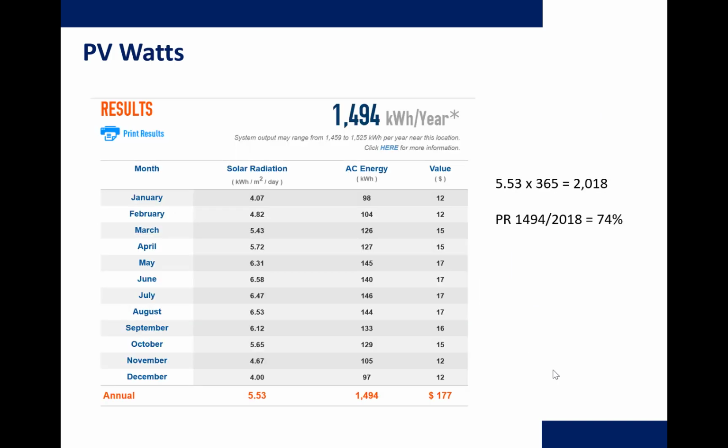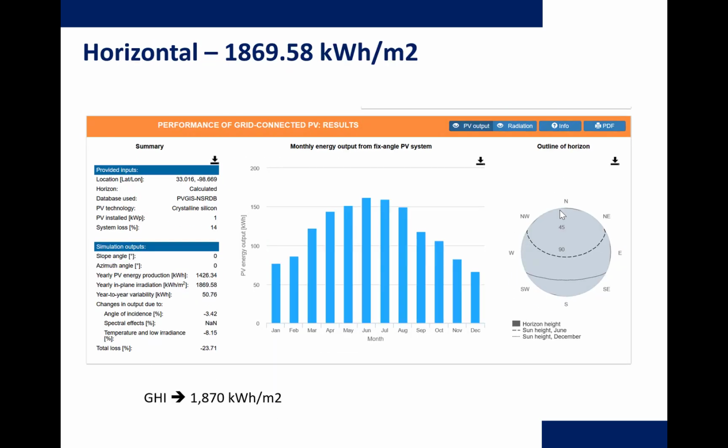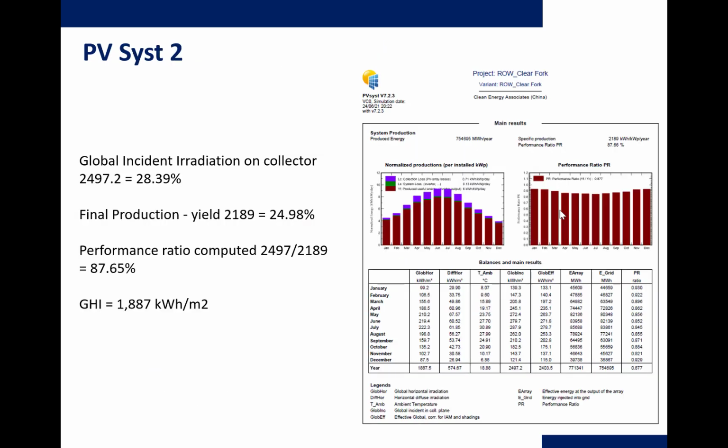And then we went to PV Watts, which is kind of the US version of the EU, but it doesn't have the fancy graph. You can't get the hour, you can't get anything. They gave a total irradiation of 2018, which is different than these ones, okay?